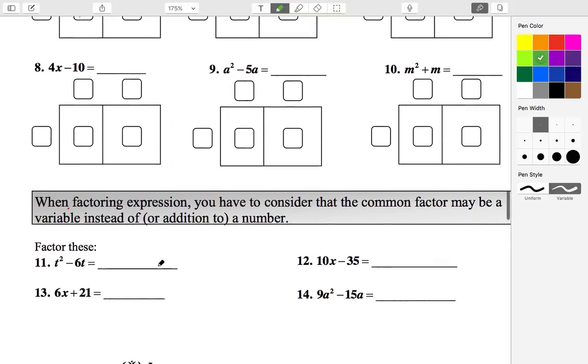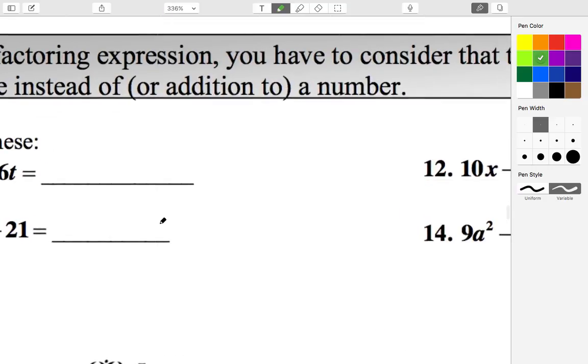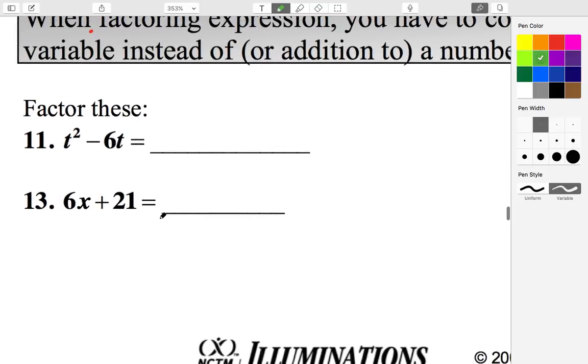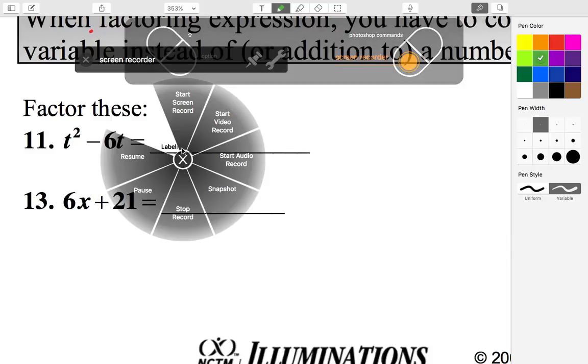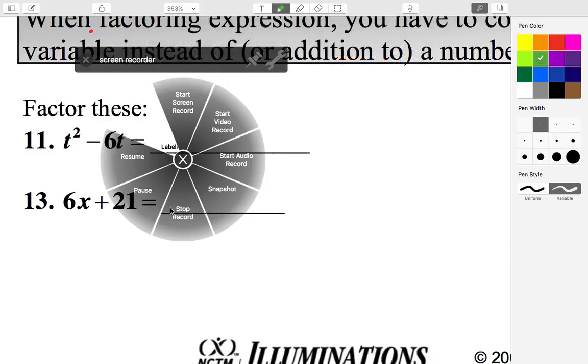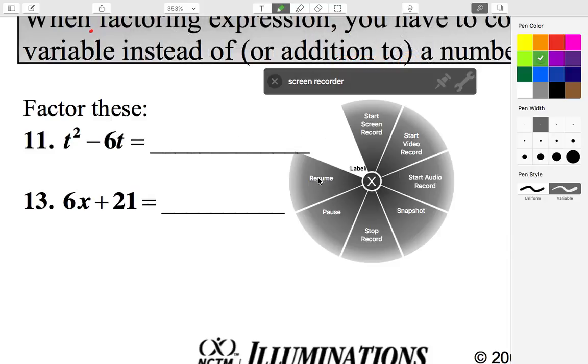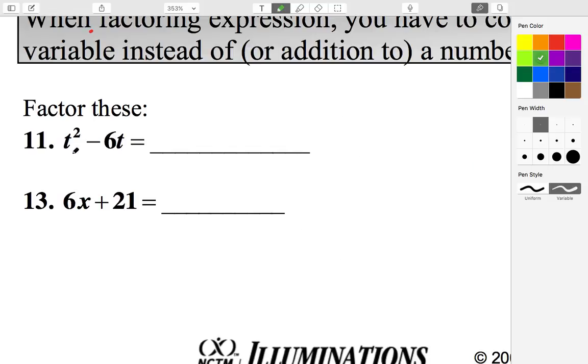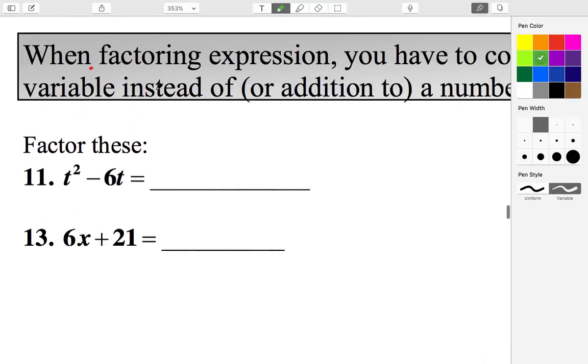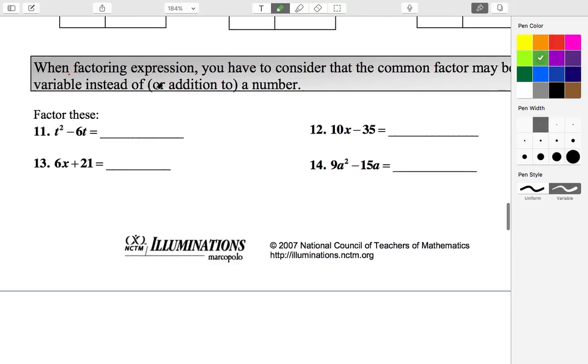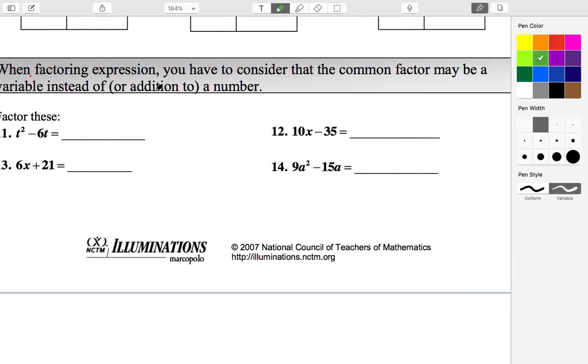Let's go to 11. Factor these. T squared minus 6t. Okay, what are the common factors? Now, if you look at the hint they give you in the beginning, when factoring an expression, you have to consider that the common factor may be a variable instead of or in addition to a number.